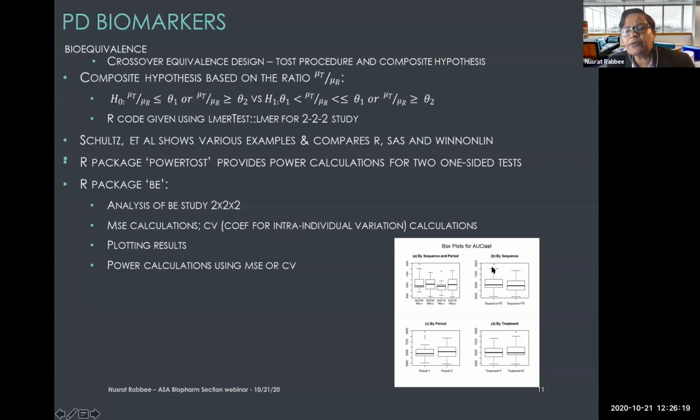For example, here we have by sequence, by period, and by treatment. So both visualization and testing in this framework for bioequivalence is fully covered with one or two R packages. I give the examples in the code in the book to be able to do that.